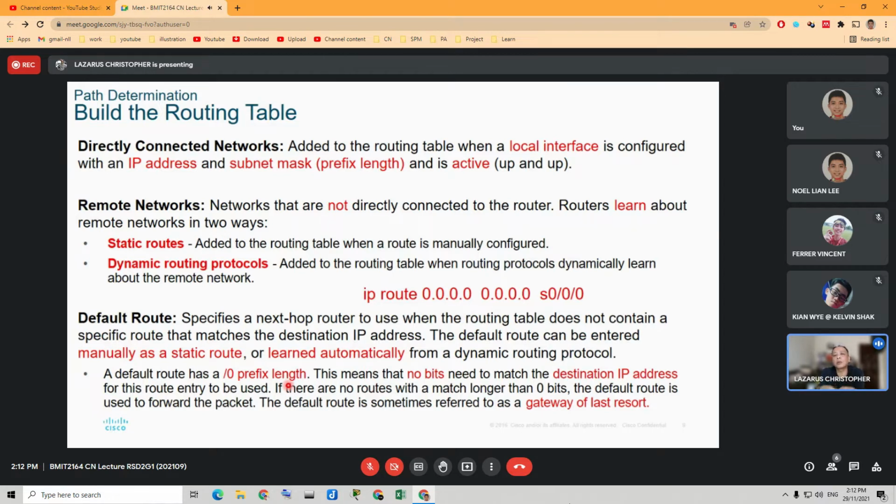Only when the routing table results in no match, and if this is configured, will the router match against this. Since /0 means it will match anything anyway, that's why it's called a default route, or gateway of last resort.